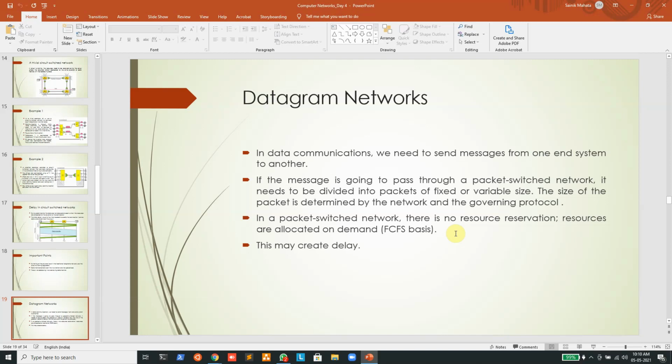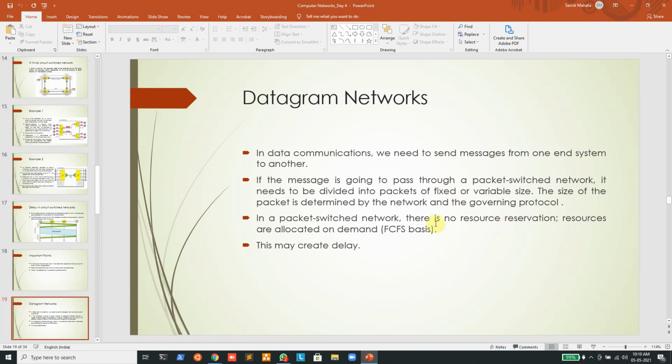But in packet switch networks, there will be no resource reservation, and resources are allocated only on demand, which means on a first come first serve basis. Since there is no resource reservation, this may create some delay.